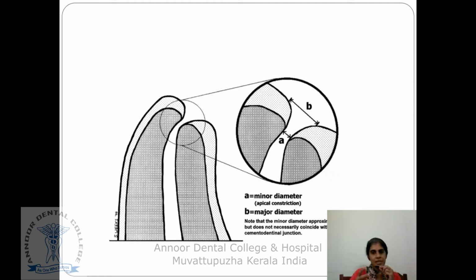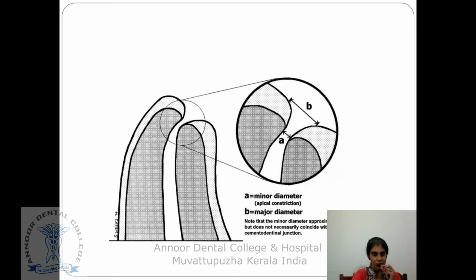So this is the diagrammatic representation of the root apex. You can see an apical constriction here, also called a minor diameter, which is the narrowest portion of the root canal. This minor diameter widens out into the apical foramen, also called a major diameter.